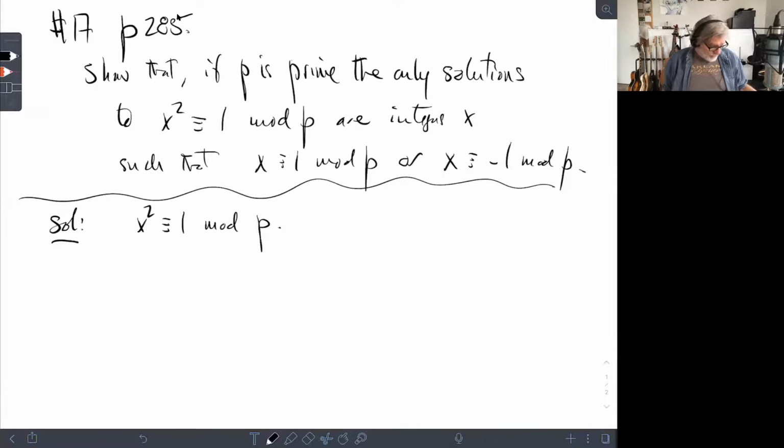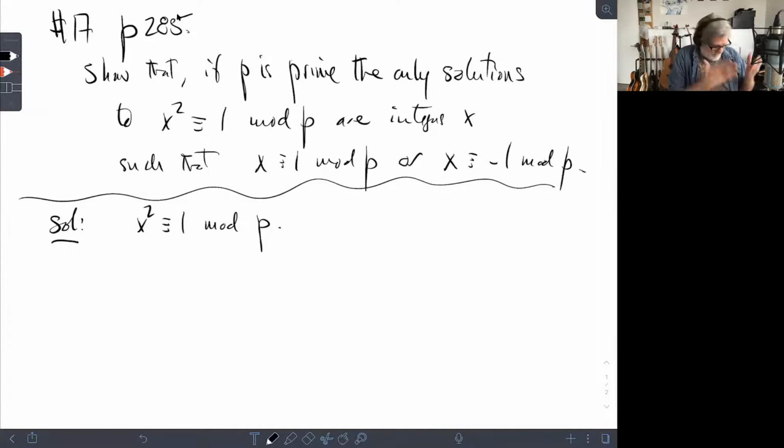But what do I see when I see x squared congruent to 1 mod p? And I want to conclude that x is congruent to 1 or -1. If you think in terms of equality, it sort of rings a bell, maybe. And the thing is just the following.